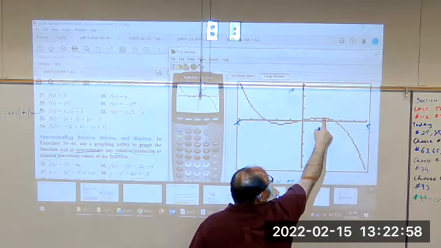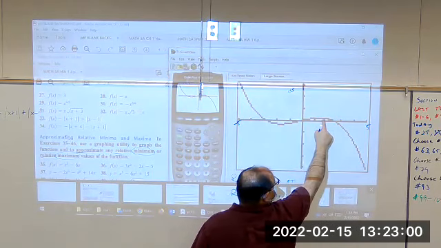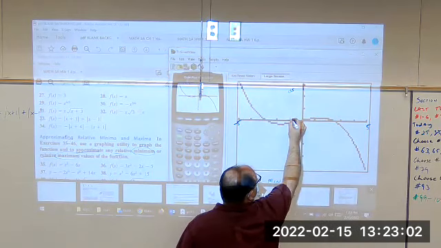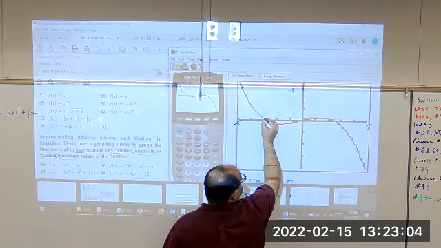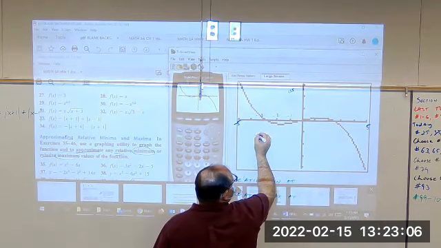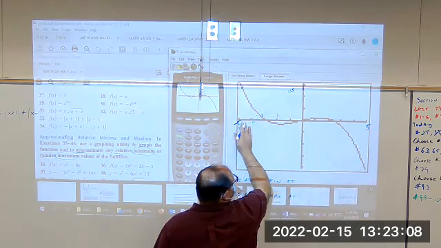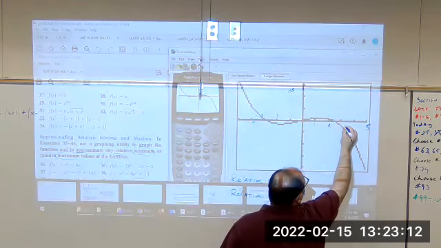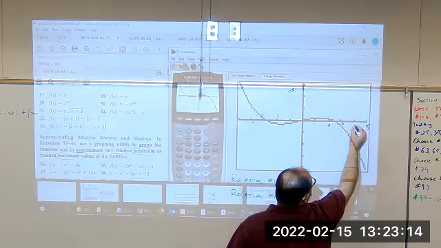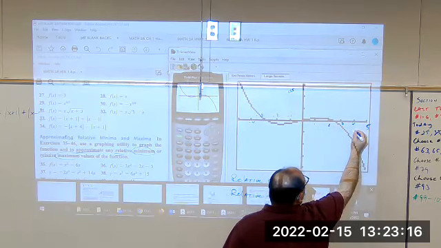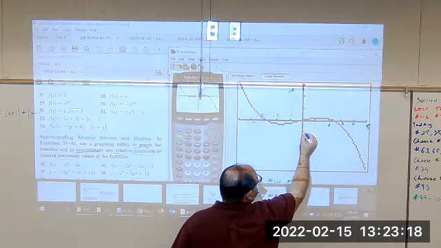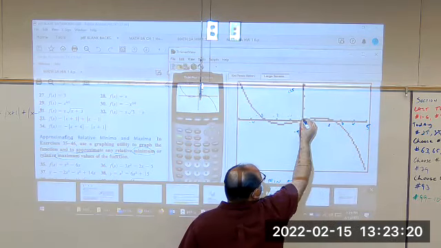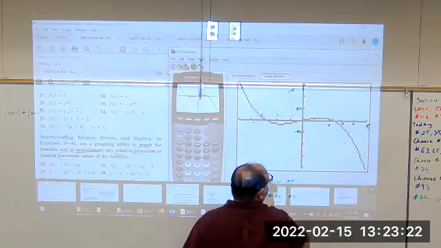And it looks like these relative minimums and maximums are going to happen within -1, -2, -3, -4. So I don't need to go to -5. 1, 2, 3, 4. And if this is -50, that's +50.